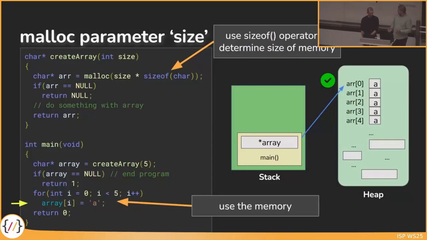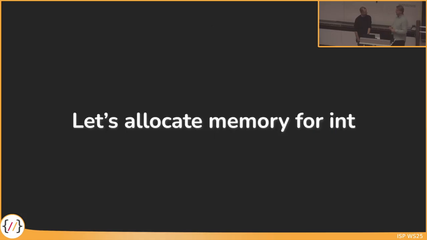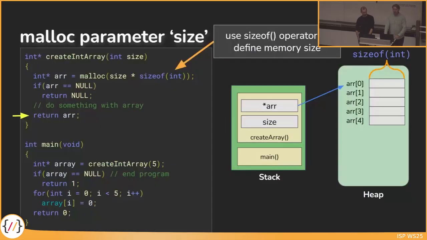But yeah, we cannot only do that for character pointers, we can also do that for any type of data type. For example, we can do that with the data type int. So of course, we can also allocate memory on the heap for a specific number of integer values. And there are just 2 things that have changed in contrast to the previous example.